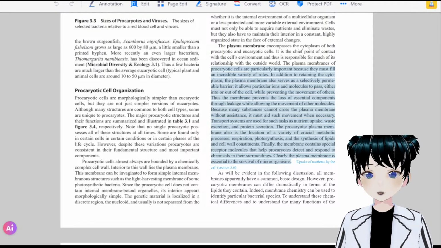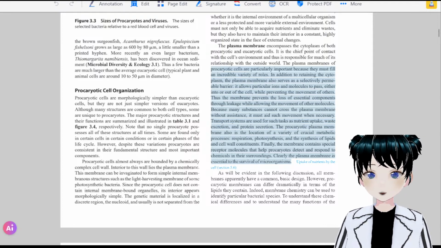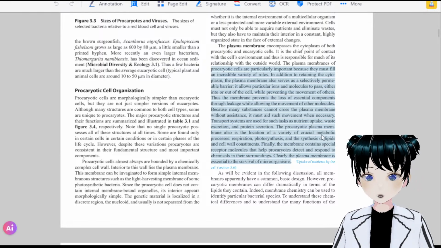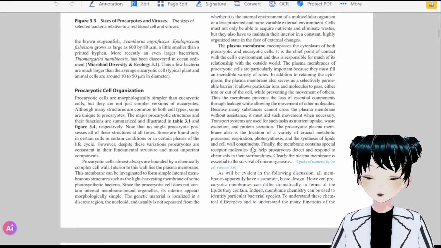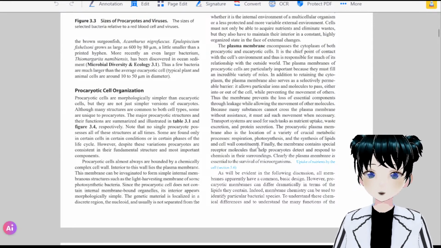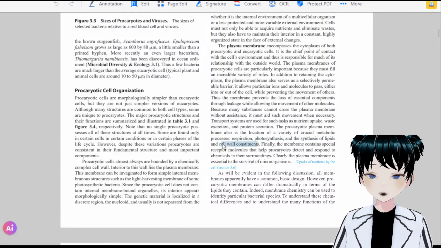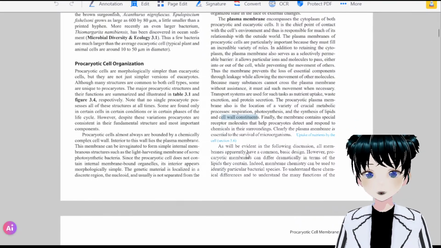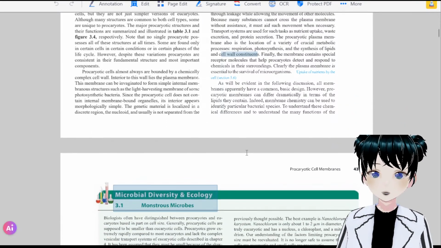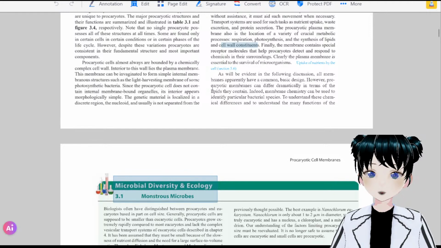It also has protein secretion, photosynthesis, respiration, and metabolic processes. It also has the components to make the cell wall. The cell wall making factory is kind of the plasma membrane. These things don't come from the inside of the cell; they are manufactured in the cell membrane and then transported to make the cell wall, right?